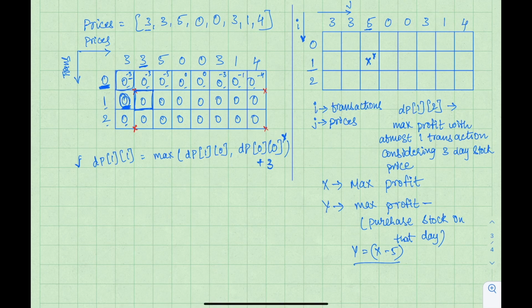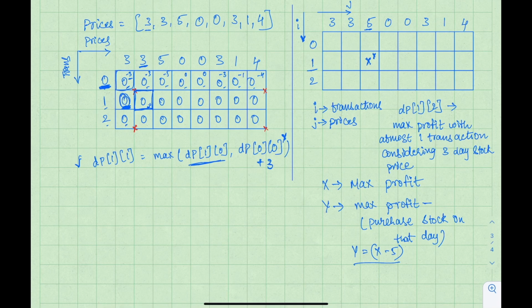Or if we are considering the 0th day, 0 transactions, and purchasing the stock on that day and selling it today. Since you wanted to get the maximum profit, you wanted to store essentially the previous element value, which is dp1 of 0, or the y element of dp0 0 plus the current price for today. So we are going to store this value.